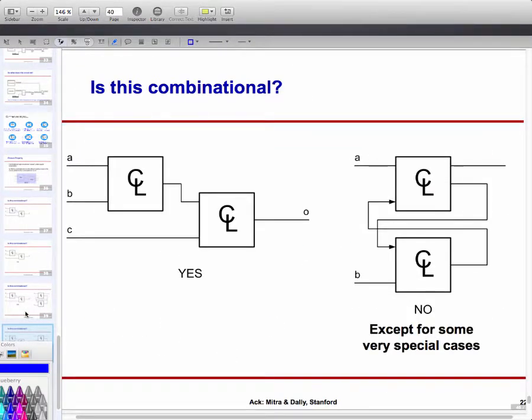And I say in general because in some special cases, it may turn out to be combinational, but in general, it is going to exhibit some memory. And in fact, later in the course, we'll see registers are made using structures very much like these. So those memory-full circuits can be designed using the very same combinational logic, our NAND gates and all, but we are going to wire them up so that there are loops in our circuit.